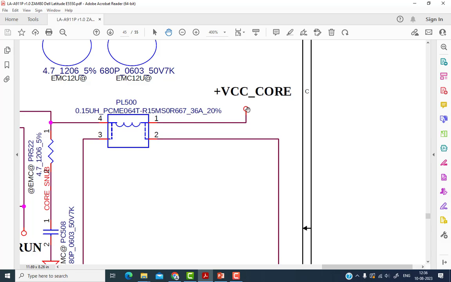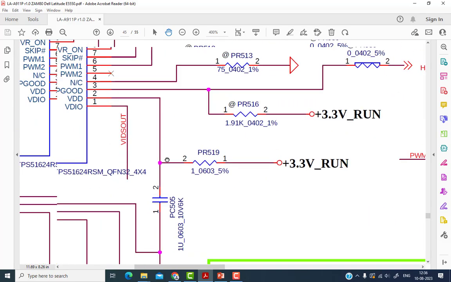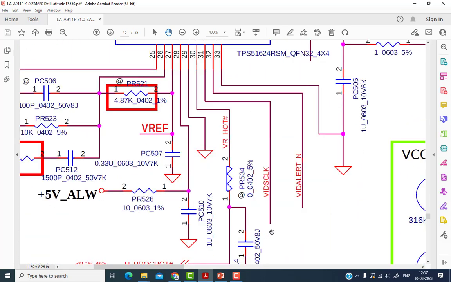Okay, so as soon as this voltage is stable, the VID signal is also there. Once the CPU gets the power, the CPU starts communicating with this VRM chip. You can see here VID alert, VID clock.